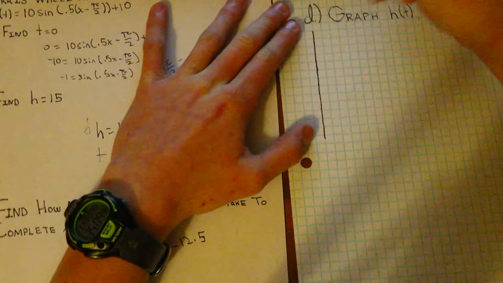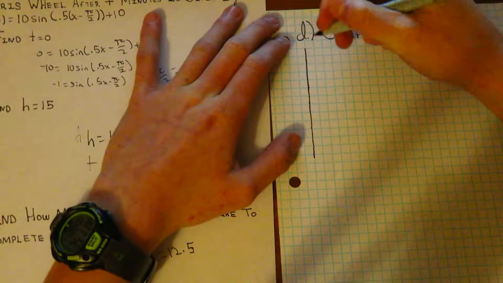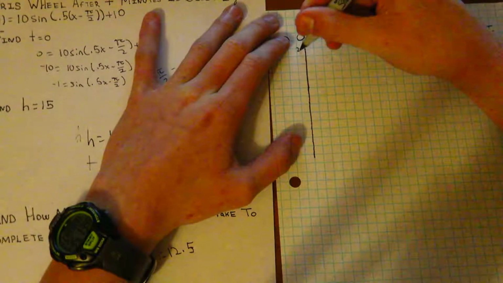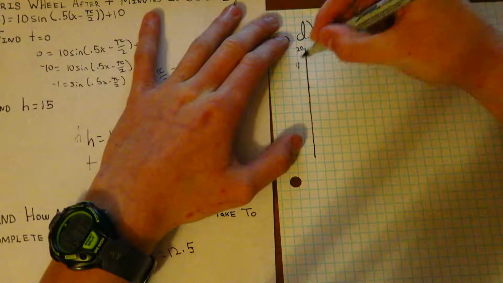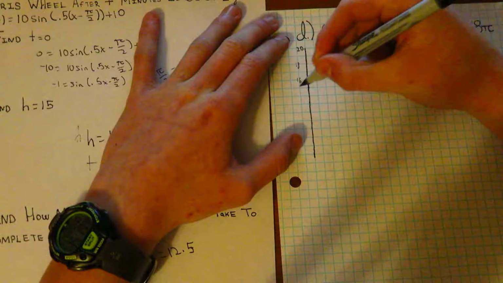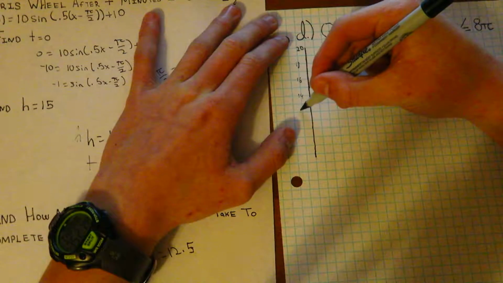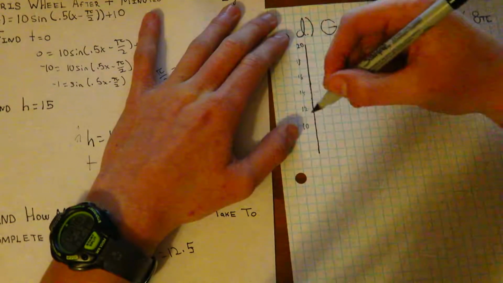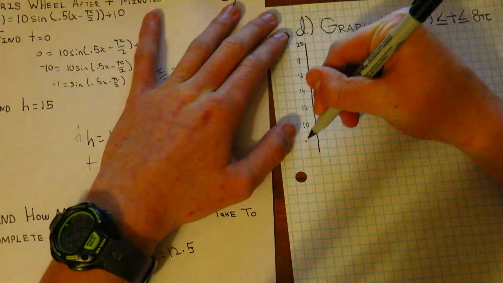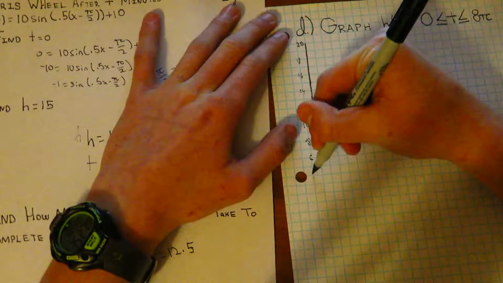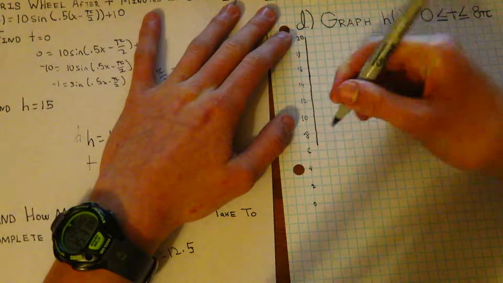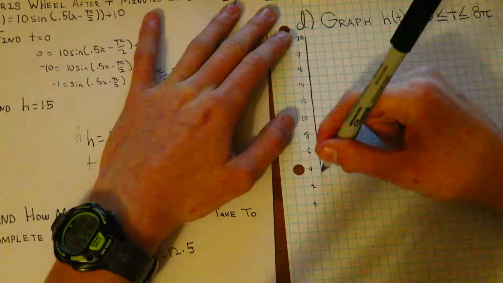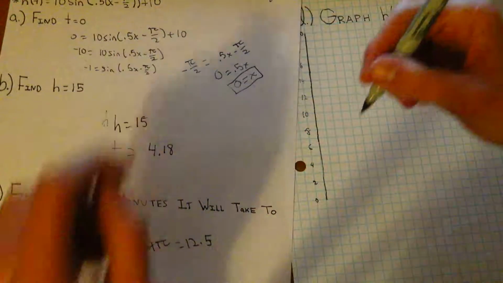So let's just graph this out here. This is 20, and if we go by 2's, it'll be 18, 16, 14, 12, 10, 8, 6, 4, 2, 0. Okay, so that is your 0.